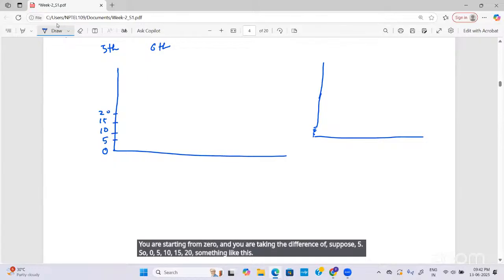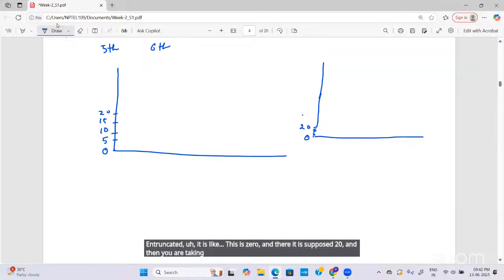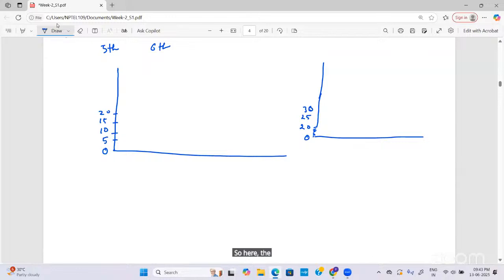In a truncated graph, this is 0 and there it is suppose 20, and then you take 25 and 30. So you have skipped these values. Here the difference is 5, but here the difference is 20.